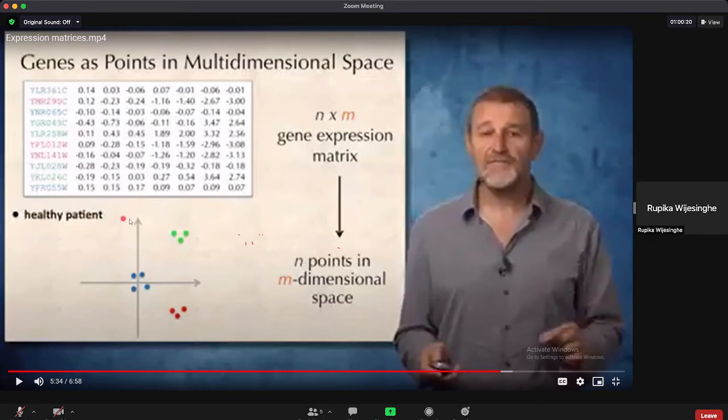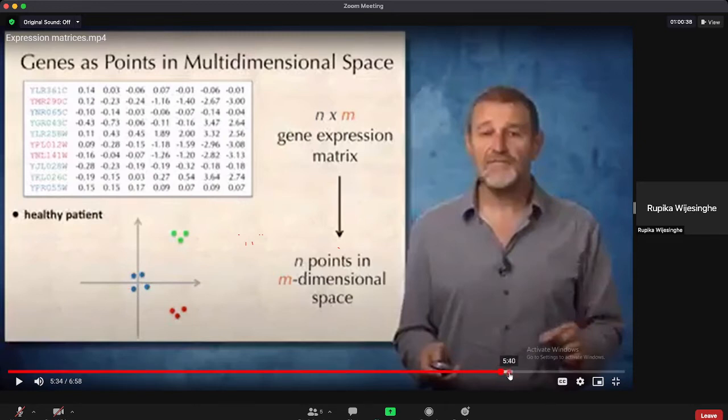So this is for the healthy person. You identify clusters of genes, right? These genes behave in a similar manner, and these behave in another way.